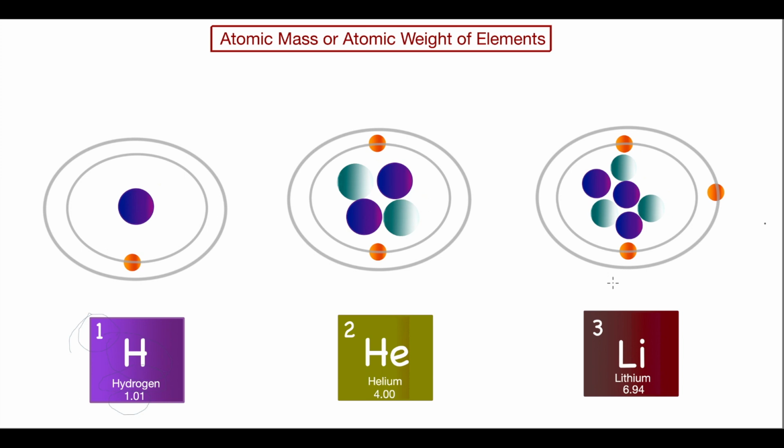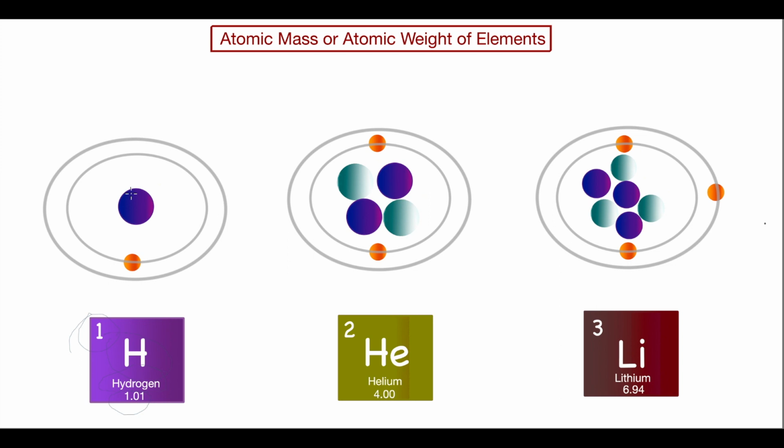Now, let's look at the first box. Hydrogen has 1 proton, in purple, 0 neutrons, and 1 electron. Its atomic weight is calculated by adding the number of protons plus the number of neutrons.